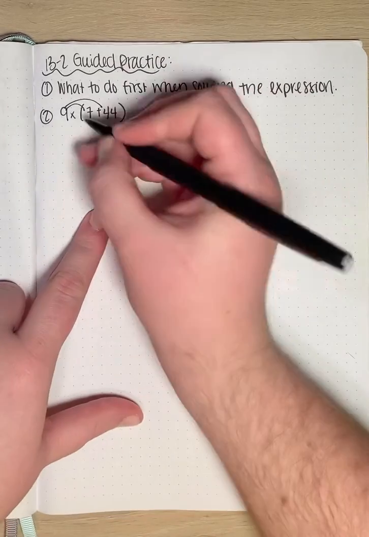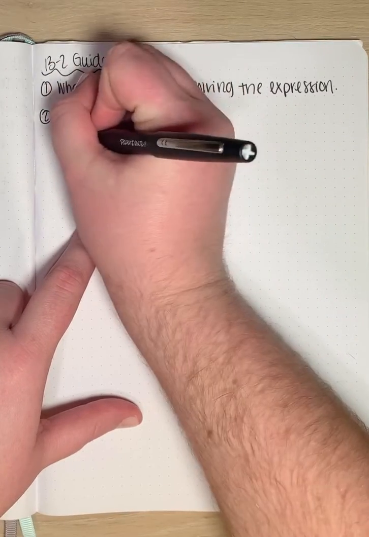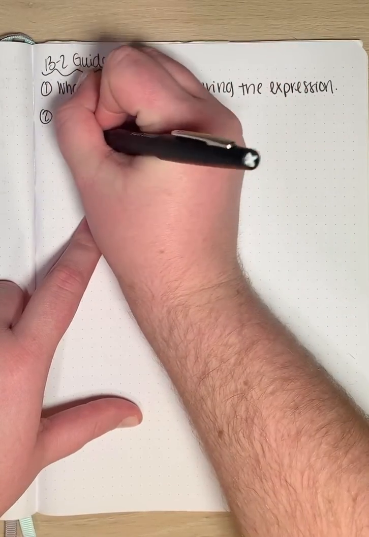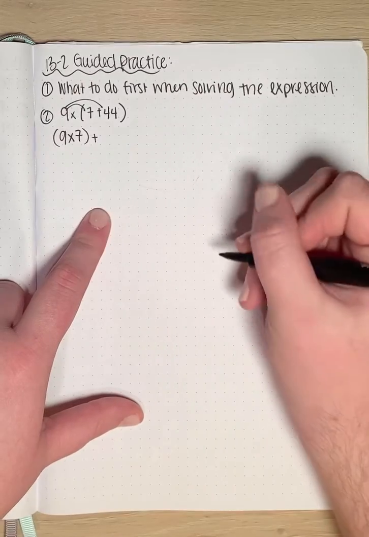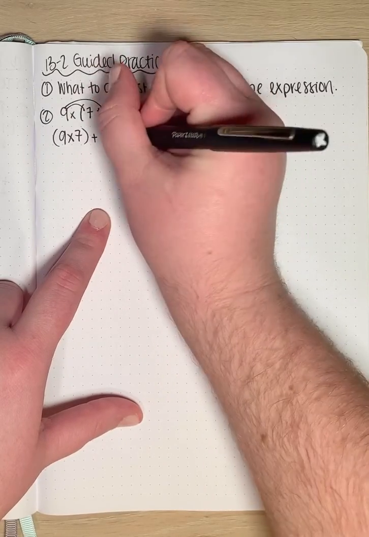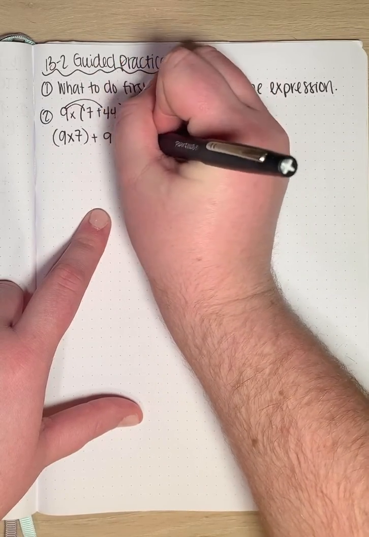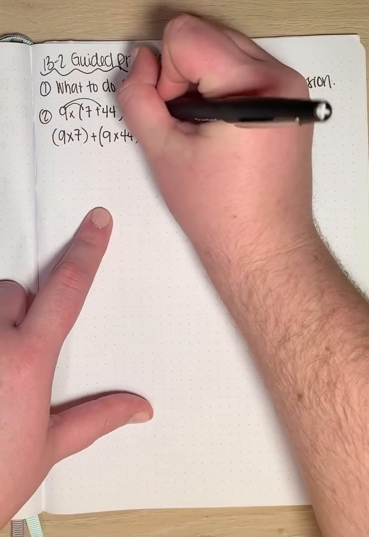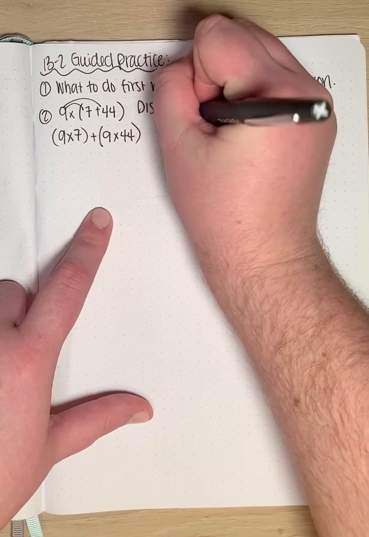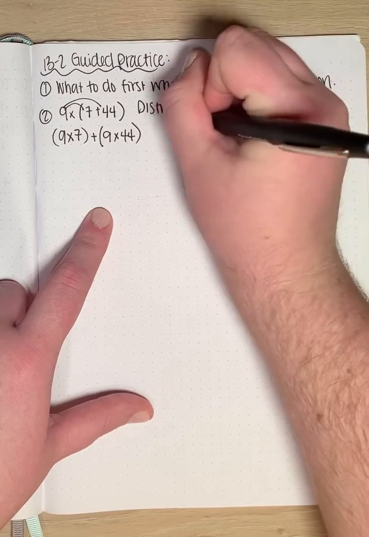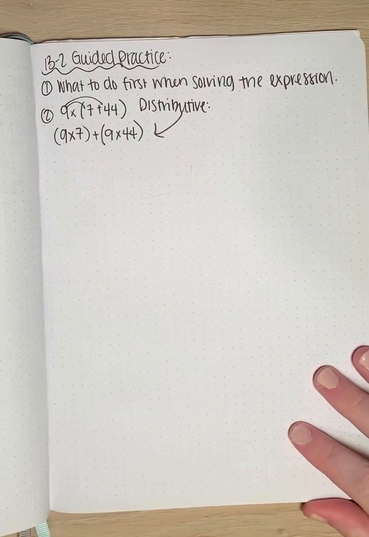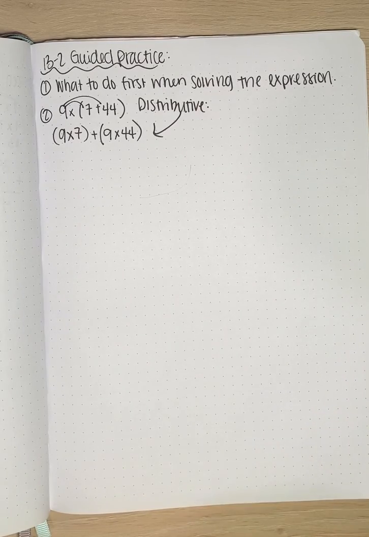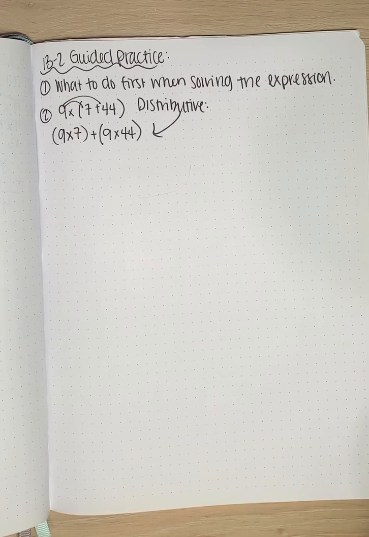So that means this is now going to turn into 9 times 7 plus 9 times 44. Let me write distributive. All right, so that's one way to represent that using a different property.